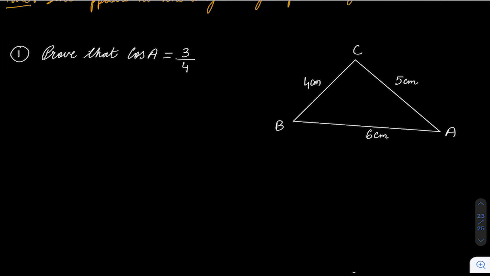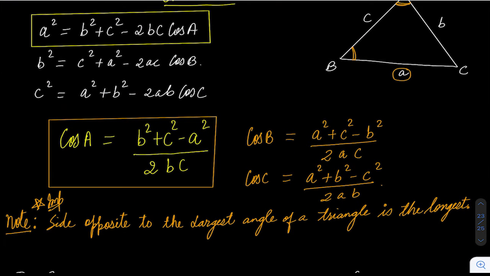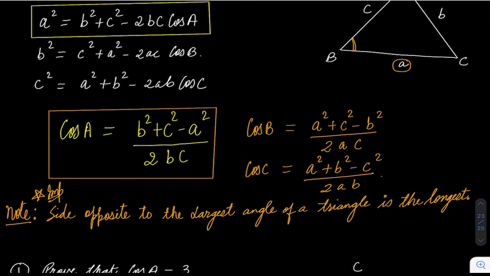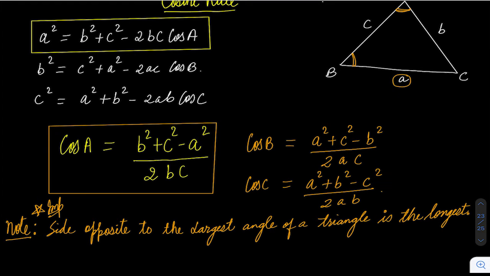Okay, so let's try the application of the cosine rule. A triangle is given, all three sides are given: 4, 5 and 6. We have to prove that cos A is 3 by 4. Now, one important observation that I have already told you is that the cosine formula basically relates all three sides with one of the angles, either A, B or C, in terms of cos.